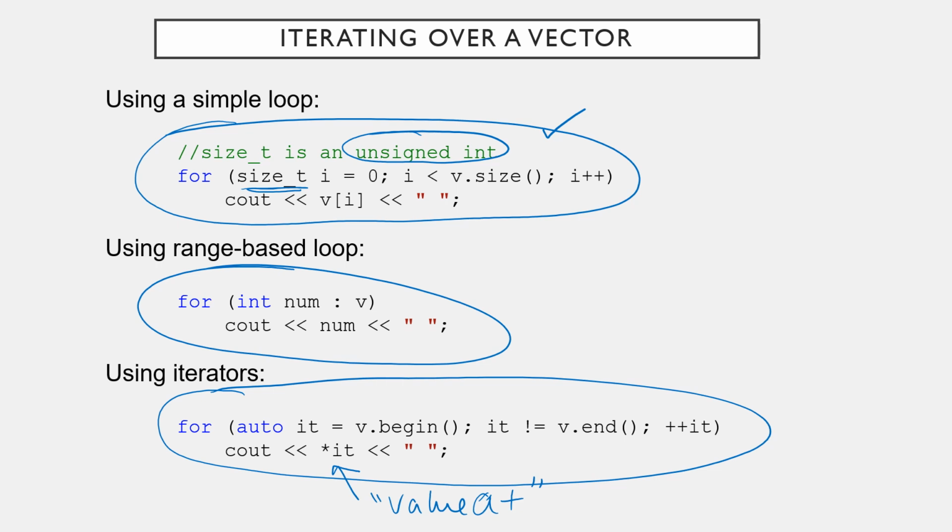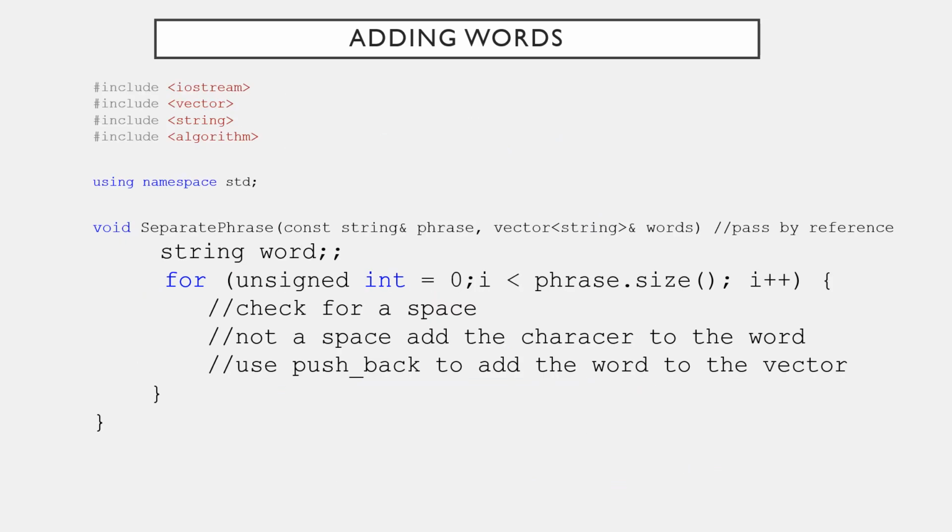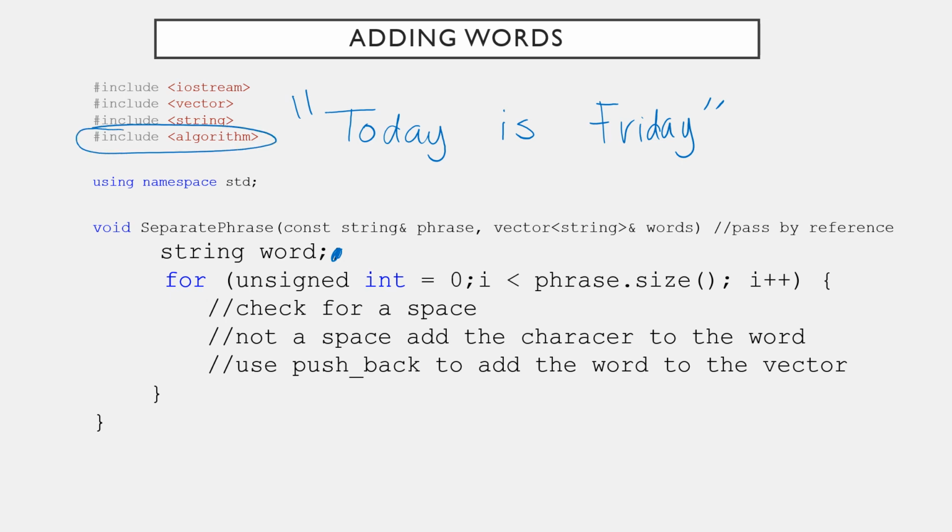All right, so let's talk about what we're going to be doing in this next assignment. There's a couple of things I want to point out about this function here. You already have your phrase. So let's say your phrase is today is Friday. So this is my phrase. At the beginning of the assignment, you're going to use this algorithm and you're going to reverse it.